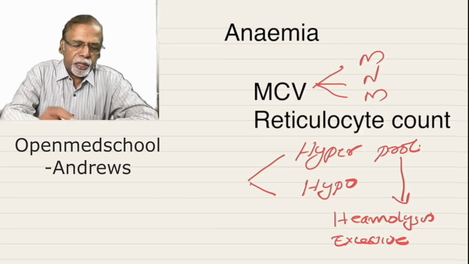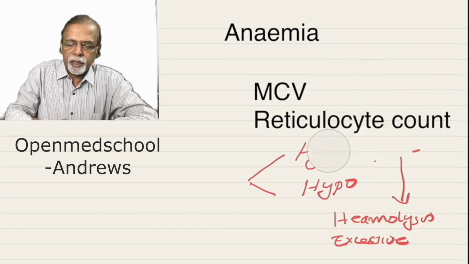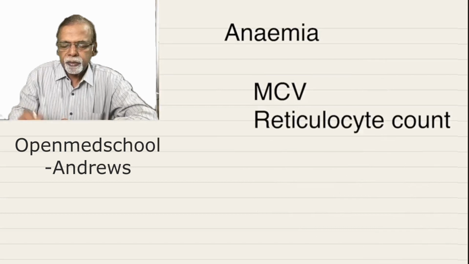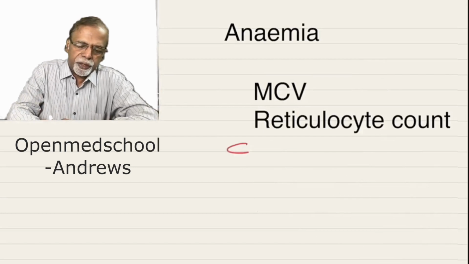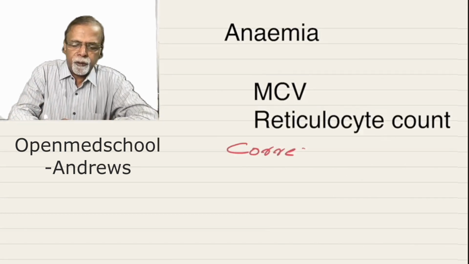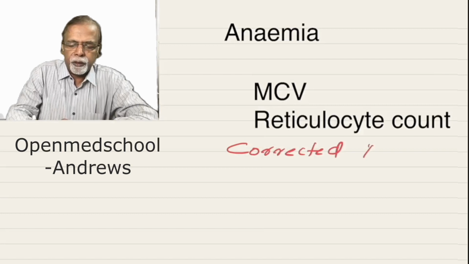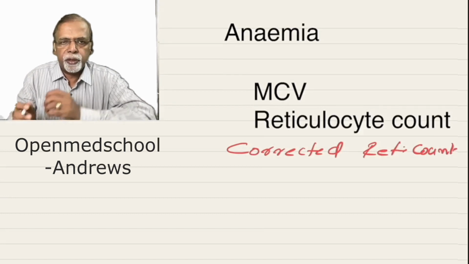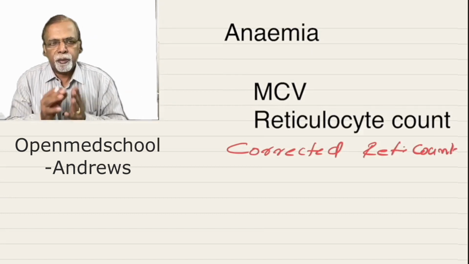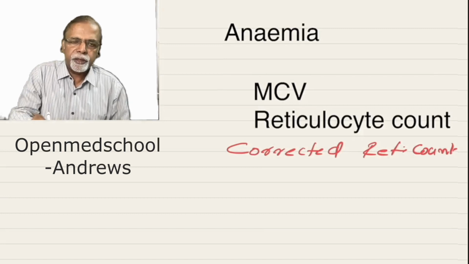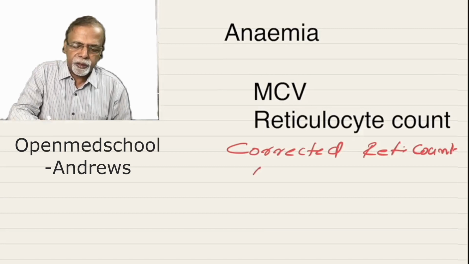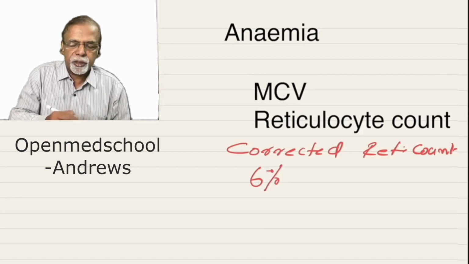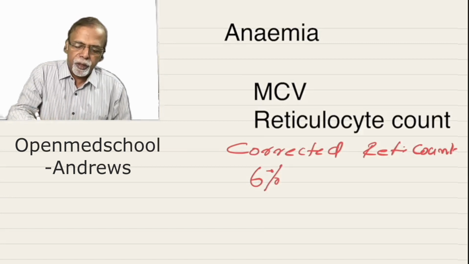Now, what is the target retic count that you will take? One is the corrected reticulocyte count. What is in the correction? You are correcting for the hematocrit. Let the patient's reticulocyte count be 6, that is, 6%.